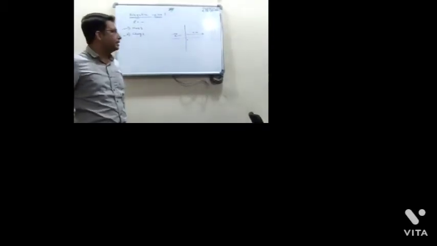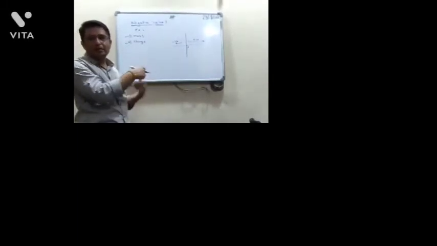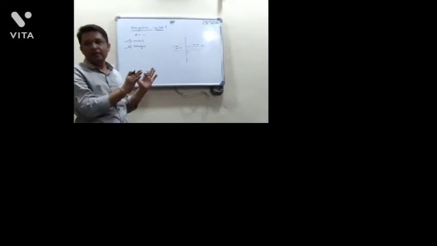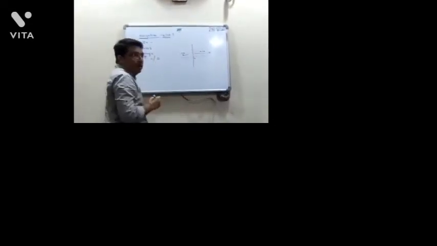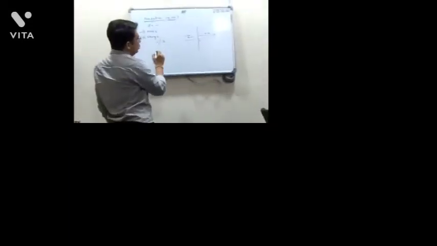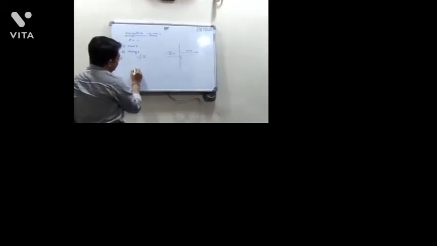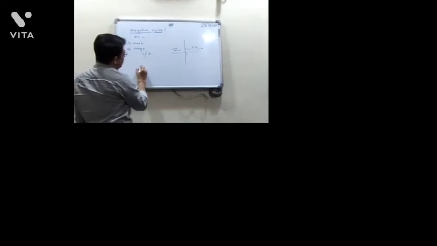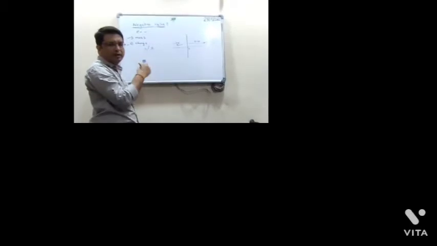I'll give you a very simple example. I'll correlate that example with our own concept of current, because ultimately we are going to understand two terminologies, voltage and current, right? So I'll correlate this with these two terminologies also. See, as we know, this is a nucleus. Now around the nucleus there are protons and electrons which rotate, right?